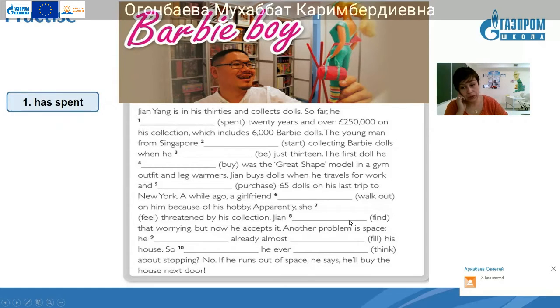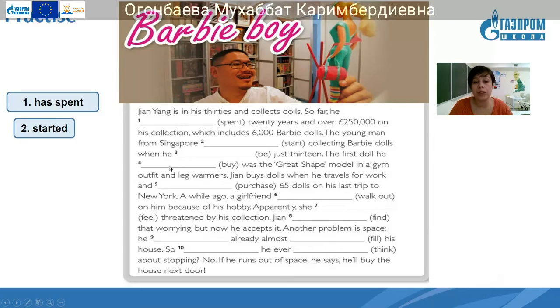Smithay, very good, started. The young man from Singapore started collecting Barbie dolls when he was, perfect, Vladimir, welcome, when he was just 13.